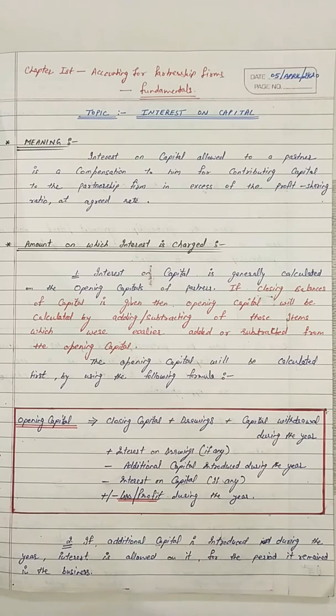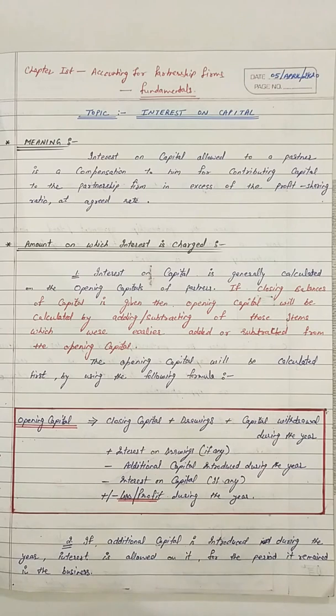Opening capital is equal to closing capital plus drawings plus capital withdrawn during the year by partners plus interest on drawings minus additional capital introduced by partners during the year minus interest on capital plus losses minus profit during the year.